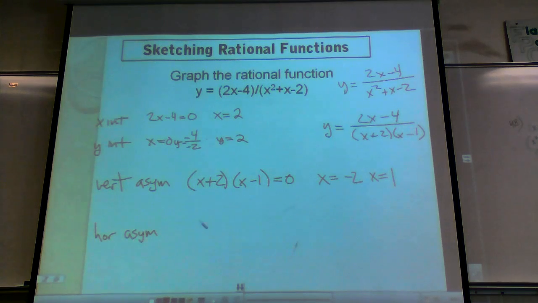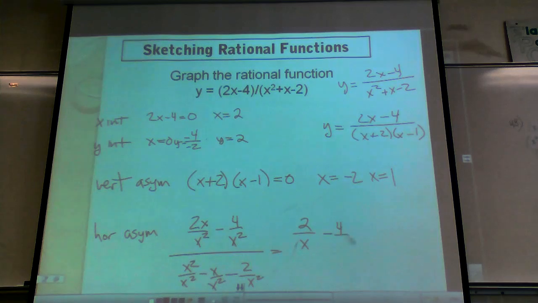So if I take x squared and divide everything by it, and then simplify and divide things out, I'd be left with 2 over x minus 4 over x squared, over 1 minus 1 over x minus 2 over x squared.